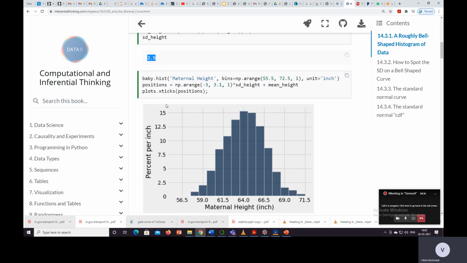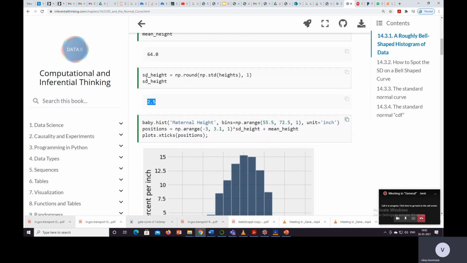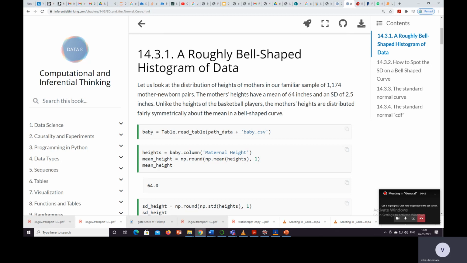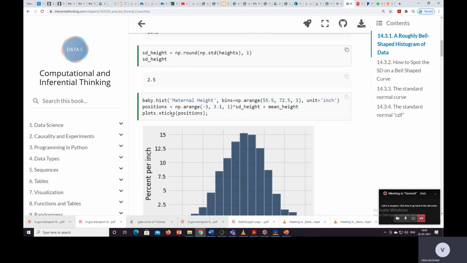Here we will draw the histogram. As given, unlike the heights of the basketball players, the mothers' heights are distributed fairly symmetrically about the mean in a bell-shaped curve, and that we can see over here.